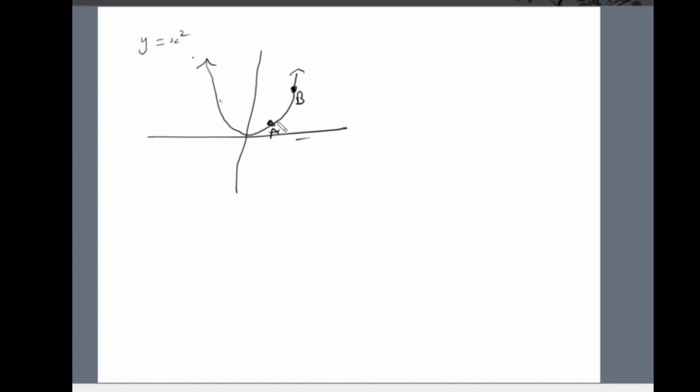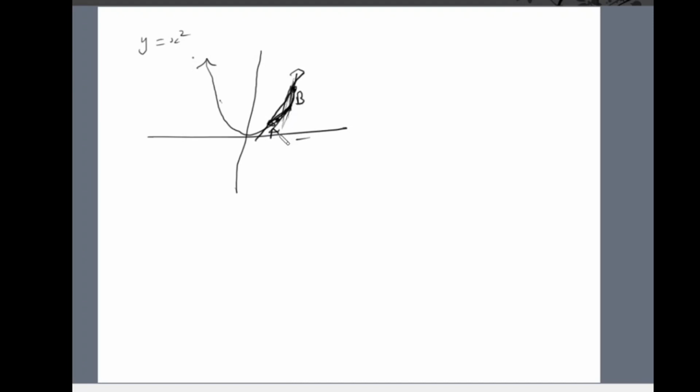As you move these points closer and closer together, you see your average gradient will almost be the exact gradient of the curve, right? Because we are estimating the gradient of the curve by using the gradient of straight lines crossing 2 points on the curve.